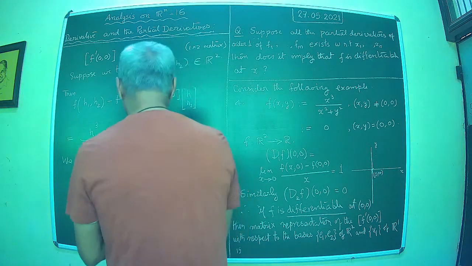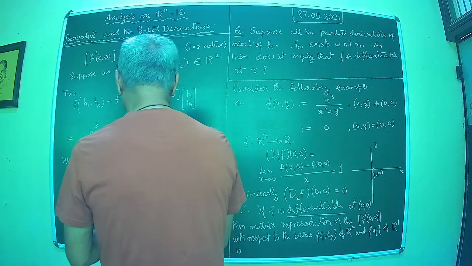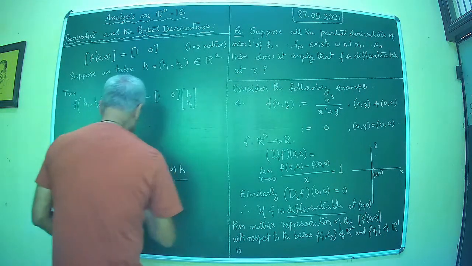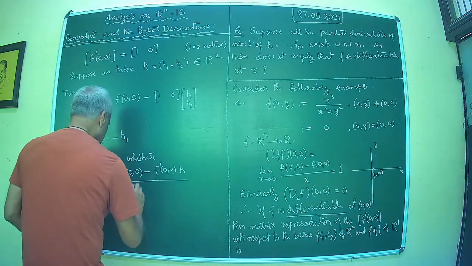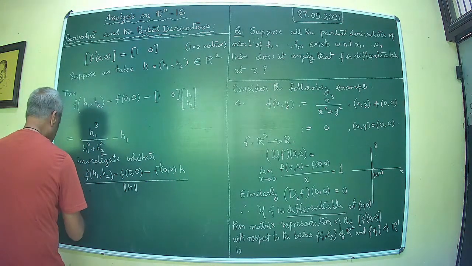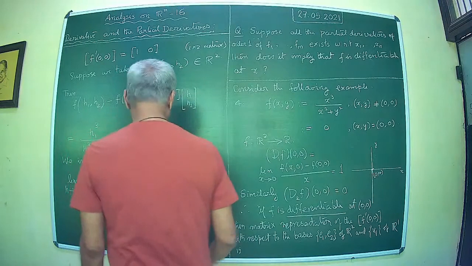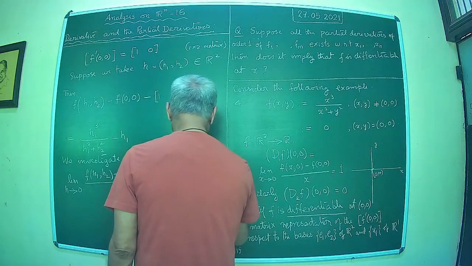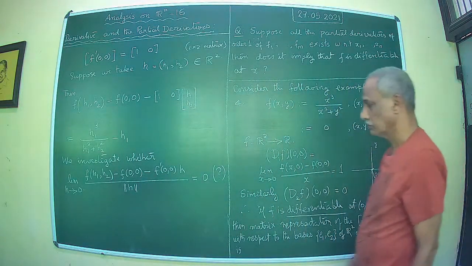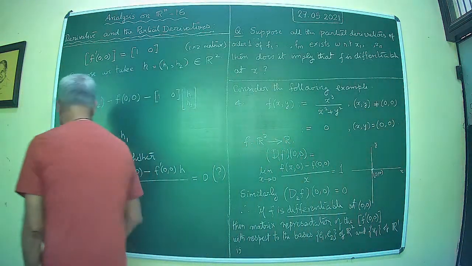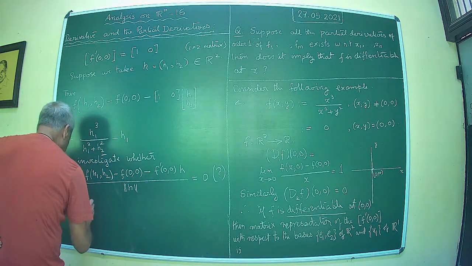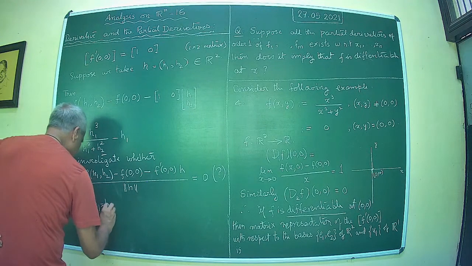H divided by, is this equal to zero? Is this equal to this? That is what we are exploring. Now choose H2 to be zero.